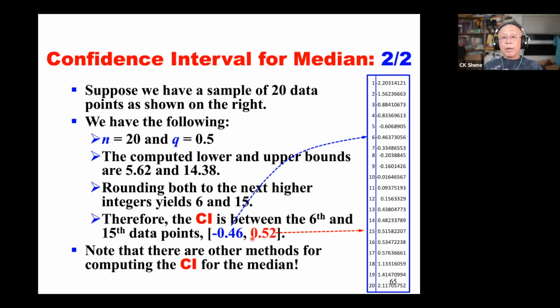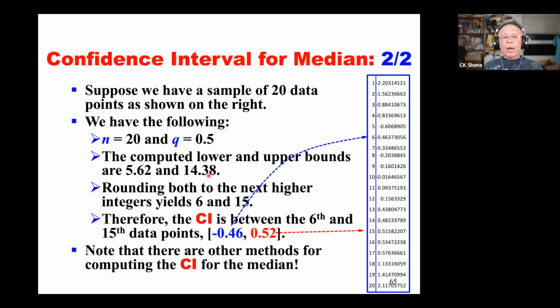Now let's take a look at a data set of 20 values. Here N is 20. Because we want to calculate the confidence interval for the median, the quantile Q is 0.5. The computed lower and upper bounds are 5.62 and 14.38.